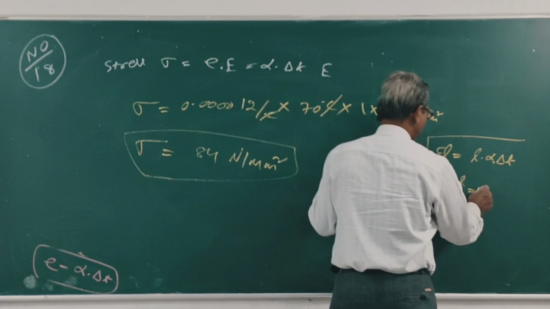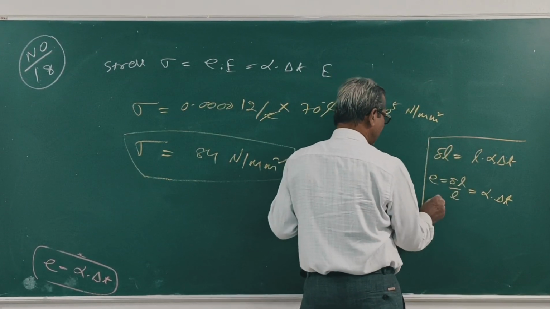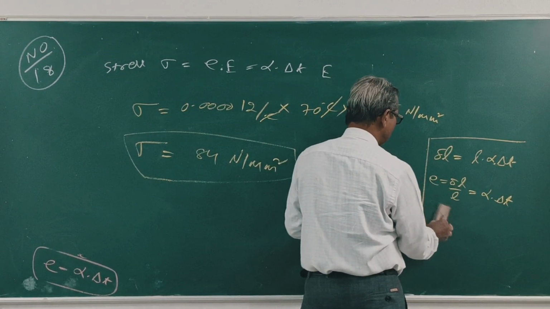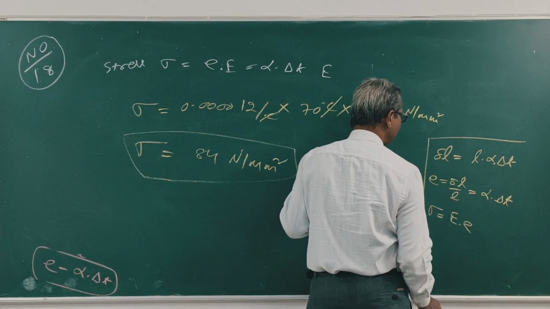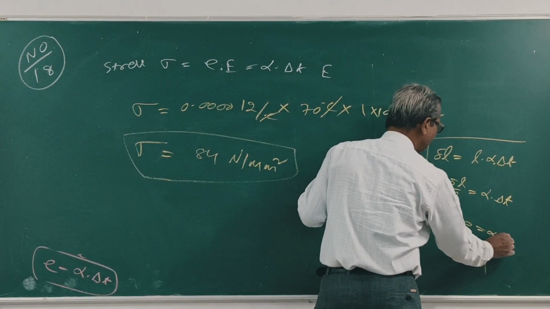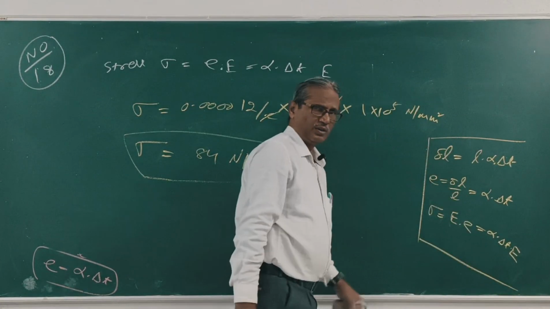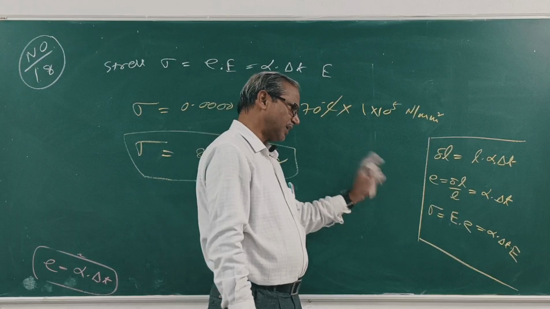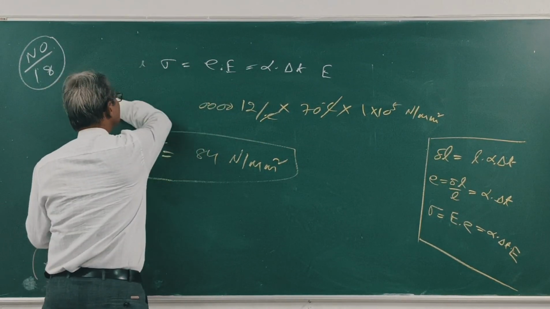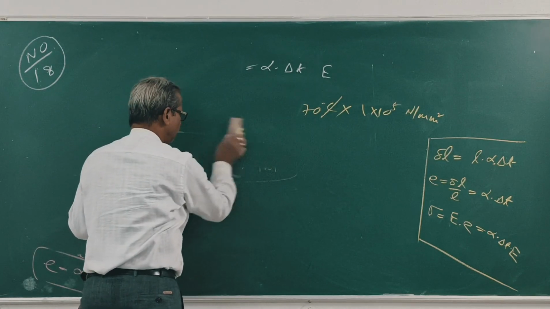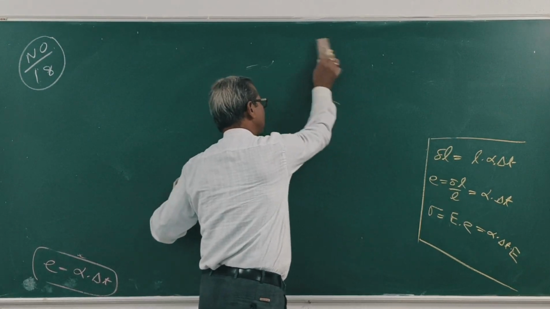Means alpha into delta T. Stress is equal to sigma is equal to strain into E, alpha delta T into E. Clear? These formulas are used in this problem. Right? Next question I will do and use this formula. Now we will do question number 19.